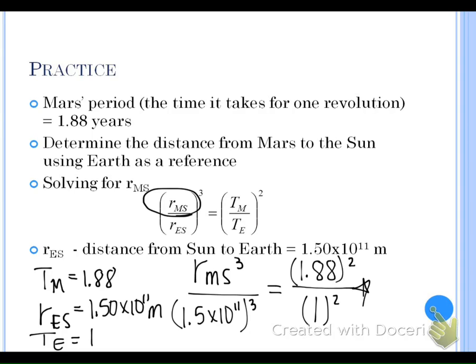1.88 squared is what? 3.375 times 10 to the 33rd. What did you ask for? Just the 1.88 squared. Oh, no, 2.53. That was the 1.5s. Okay.